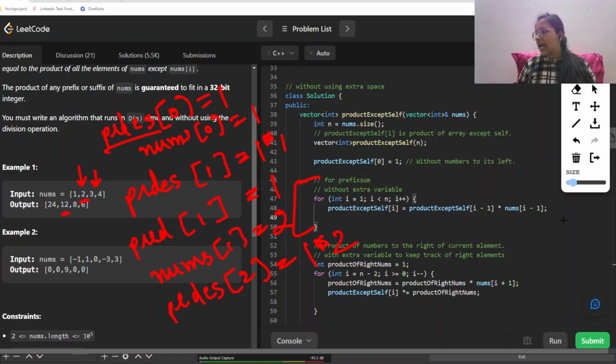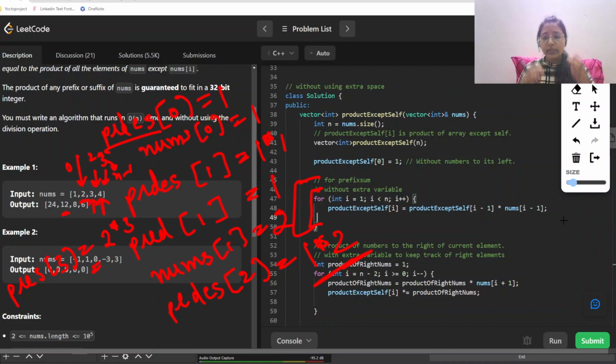For 4, it would be this 2 which was there into 3, because nums of 2 is equal to 3. This would be stored at this index, since the indices are 0, 1, 2, 3 and 3 is n minus 1. That is what gets filled in this loop.